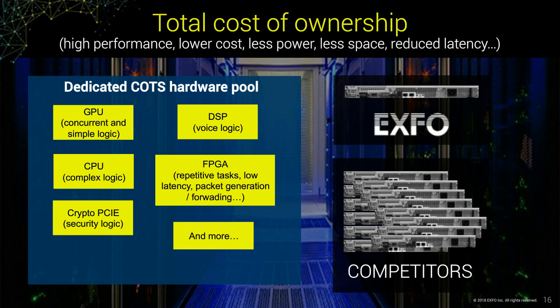As an example, a GPU can do concurrent and simple logic, a CPU can do complex logic, and so on. When you are choosing the VNF vendor who has implemented cloud native and used these hardwares and software acceleration technologies, it's important to craft the test plan to test these.